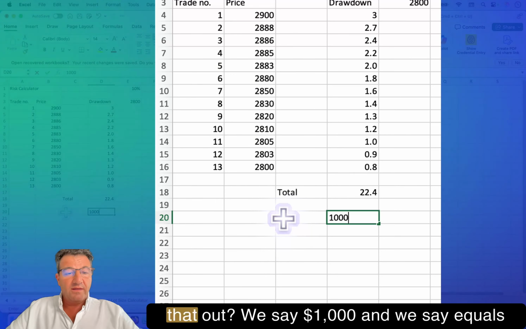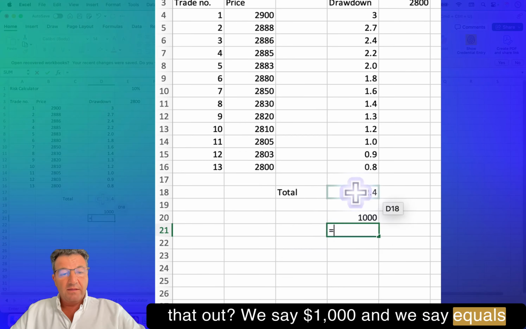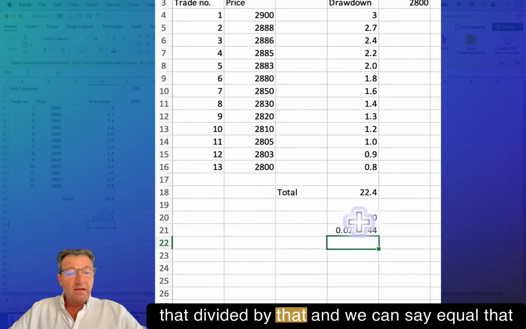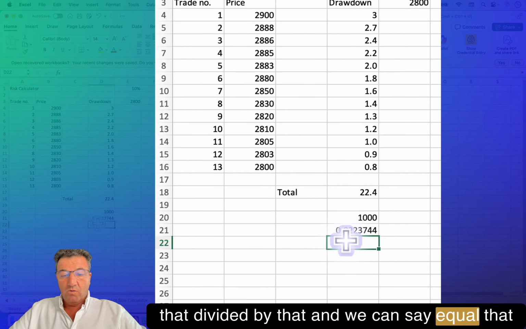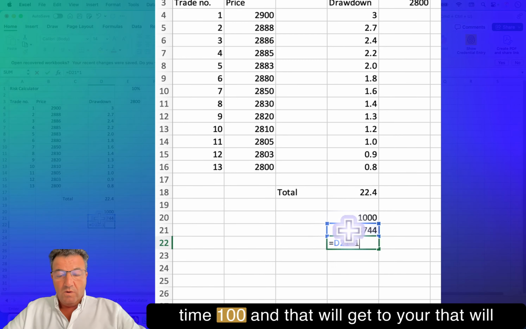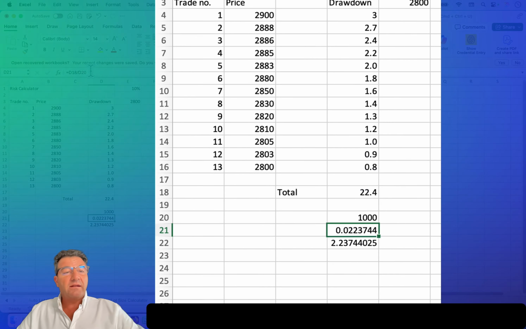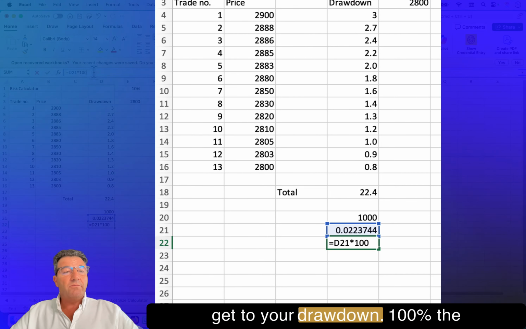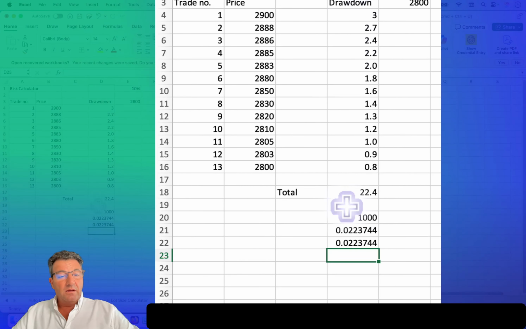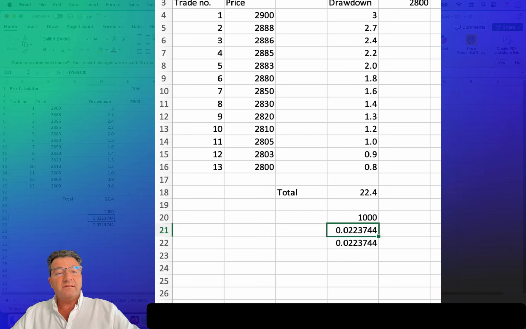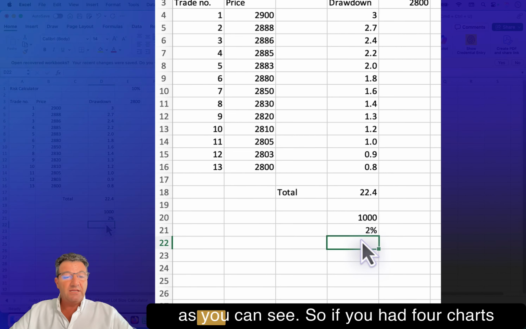So how do we work that out? We say $1,000, equals that divided by that, and we can say equals that times 100, and that'll get to your drawdown percentage. It's 2%, as you can see.